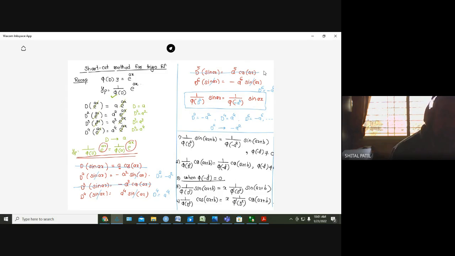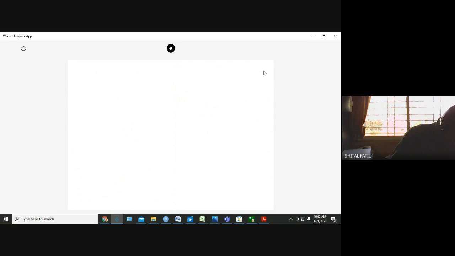Find the shortcut method formulas for tan x, cot x, sec x, cosec x, and inverse trigonometric functions. You understand the inverse trigonometric functions? Sine inverse, cos inverse, and so on.